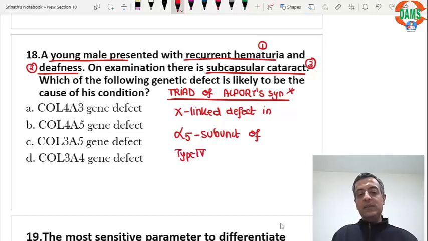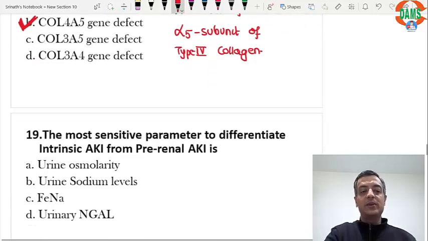That means the collagen type 4 alpha 5 gene defect is most likely associated with Alport's syndrome.